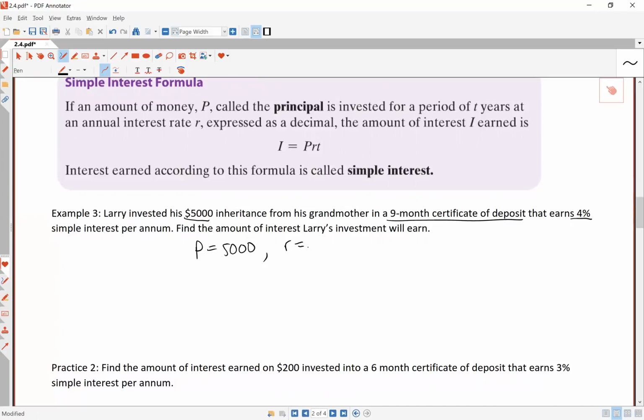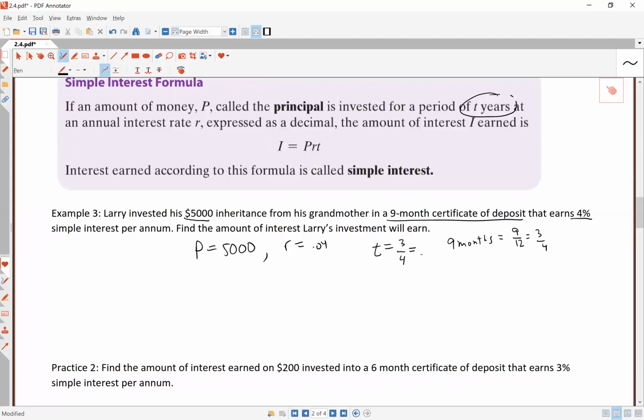Our rate is 0.04, but the time is 9 months. And time is in years. 9 months is less than a year, and it's 9 out of the 12 months, which makes this 3/4 of a year. T equals 3/4.